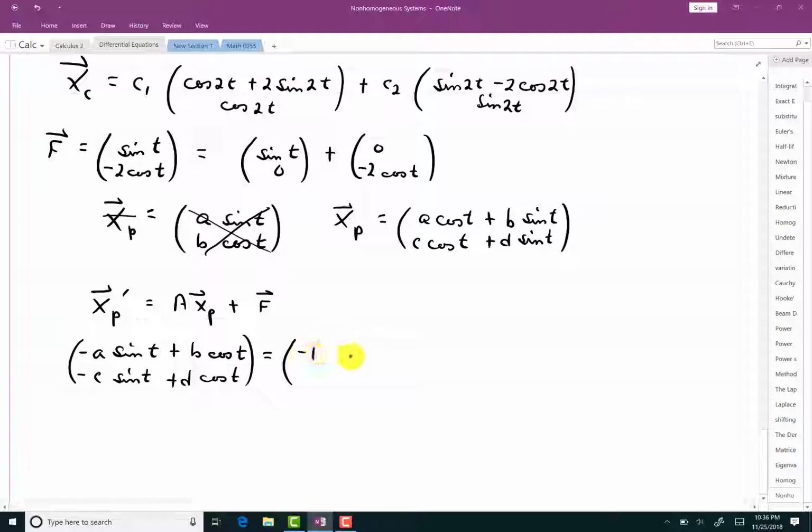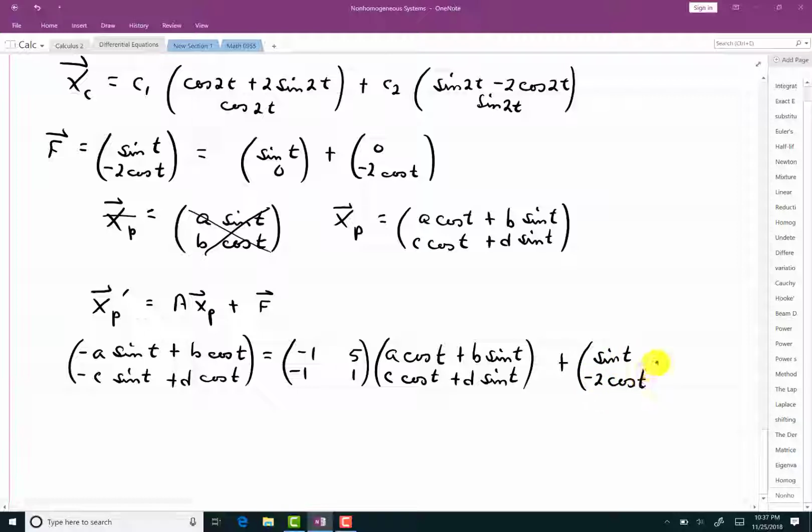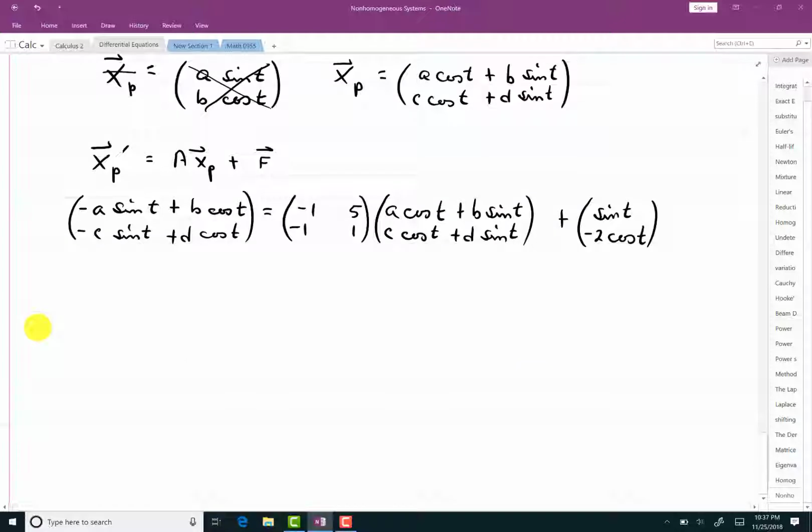It was negative 1, 5, negative 1, 1, and now we're guessing a cosine of t plus b sine of t, c cosine of t plus d sine of t, plus, and my f was sine of t, negative 2 cosine of t. Let's multiply it out and see what happens then.